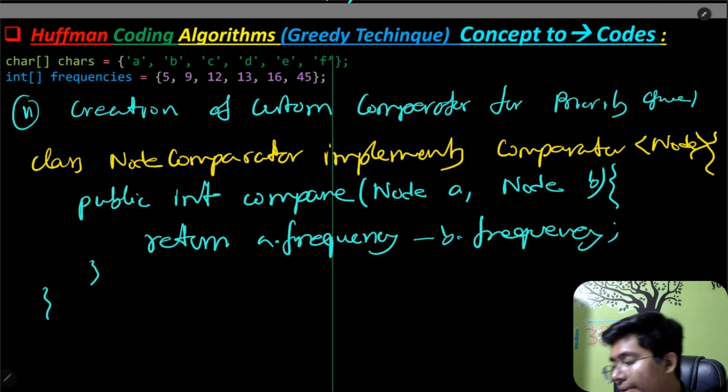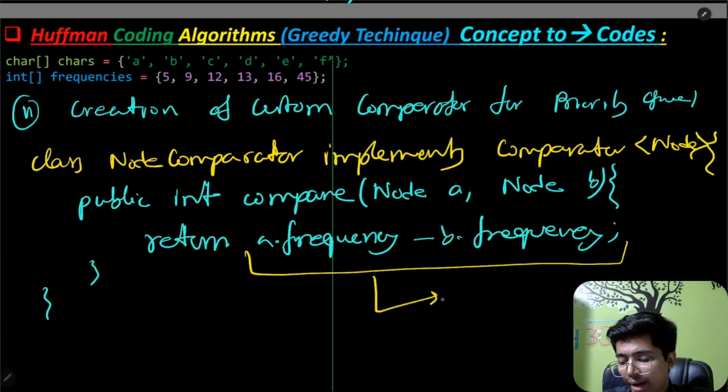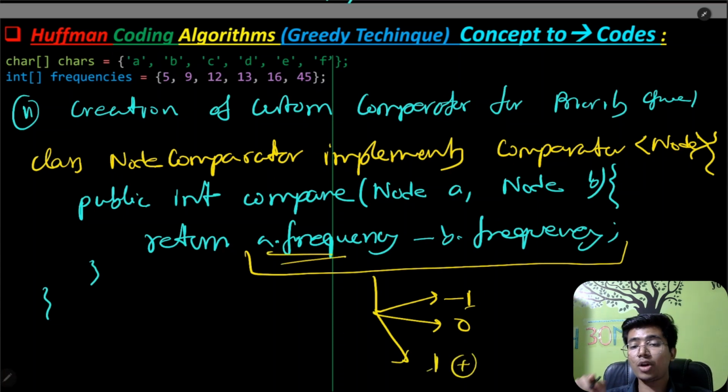And now this custom comparator we have created here automatically provides three kinds of values. It will provide either a negative value, or 0, or a positive value. Look, if this is greater, then we'll get a positive value. If this is less, it's a negative value, or 0. And depending on these three values, it will automatically sort the entire queue.